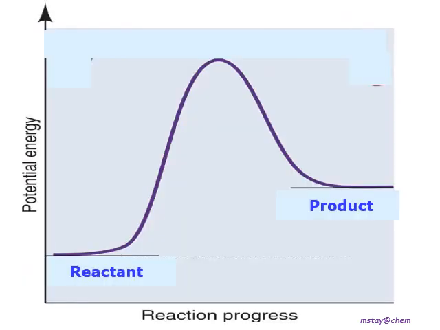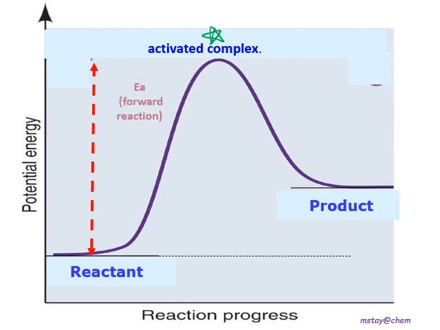Let's proceed to another exercise here. So this one is the activated complex. The species at the highest potential energy is known as the activated complex. The distance between reactants and the activated complex refers to the forward reaction, so we can just label this as the activation energy.